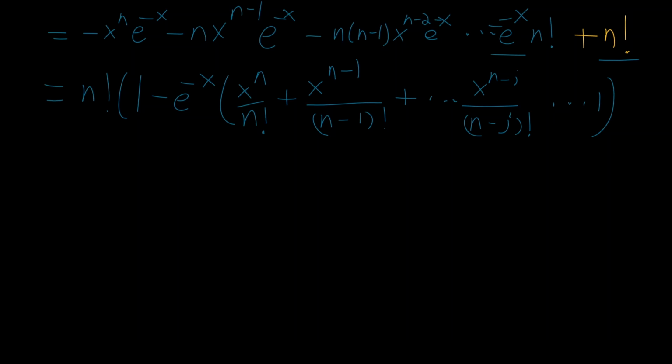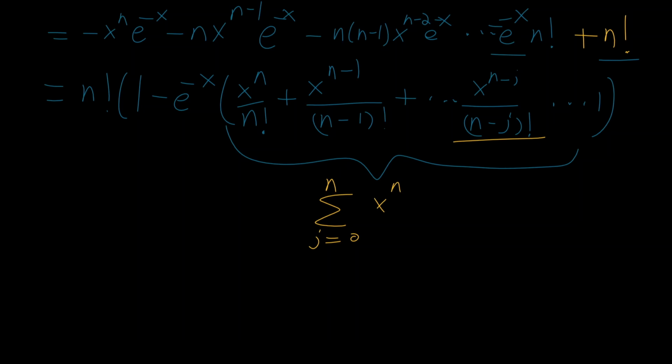But we still have these sort of inconvenient dot dot dots. We have these ellipses. So let's try to formalize this slightly more by making this right here just a sum. We can express this as the sum from, say, j equals 0 to n of x to the n minus j divided by n minus j factorial.